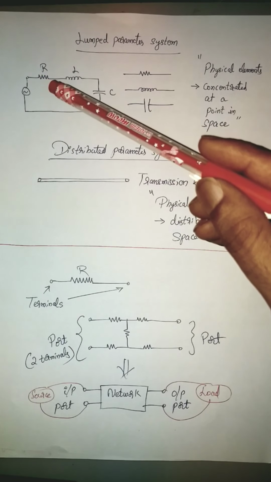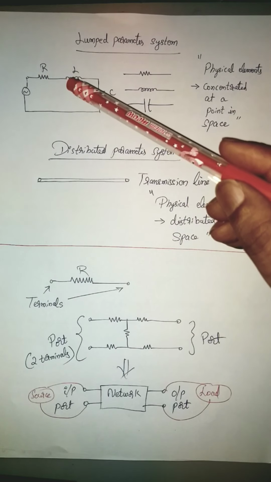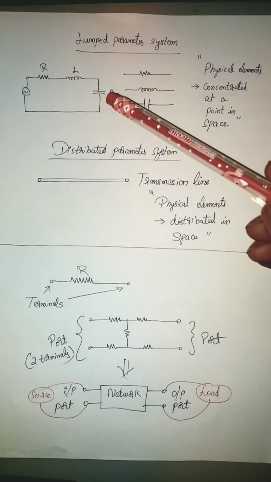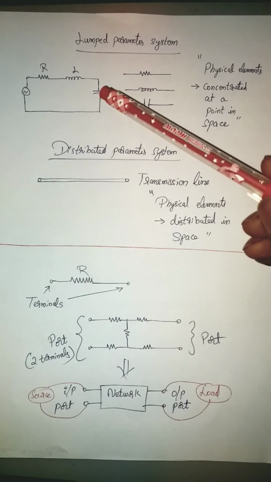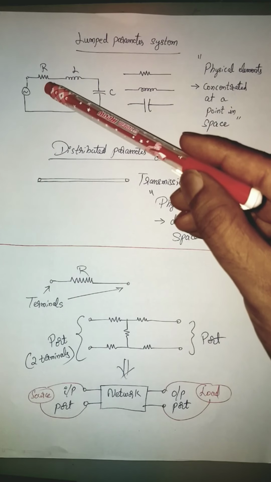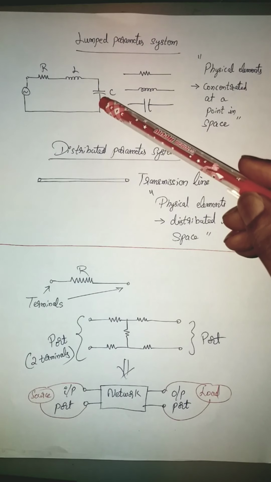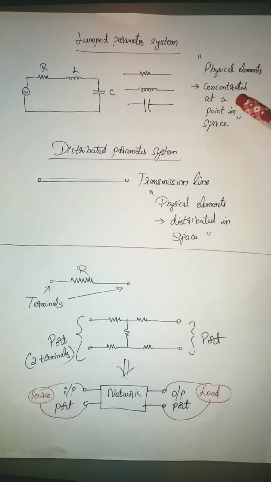Of course, we know the magnitude of resistance, we know how much Henry is the magnitude of inductance, and as well as capacitance, some X farads. But physically you are able to locate them. Here only I have resistor, at this place only I have inductor, at this place only I have capacitor. That is what I mean by concentrated at a particular point in space.